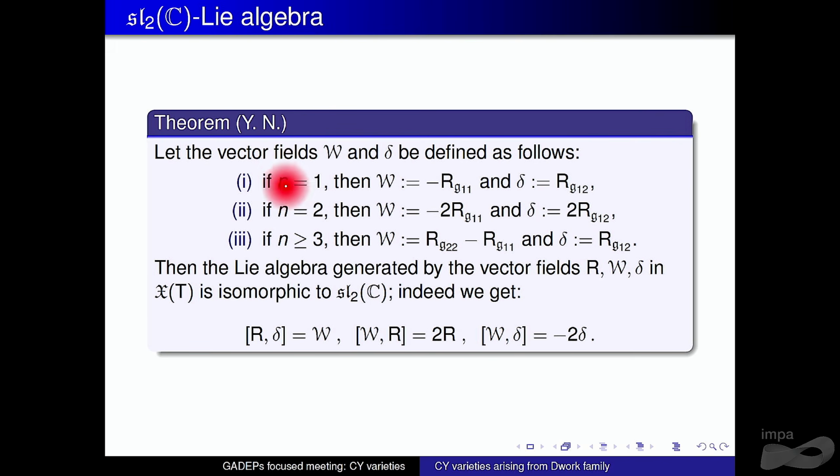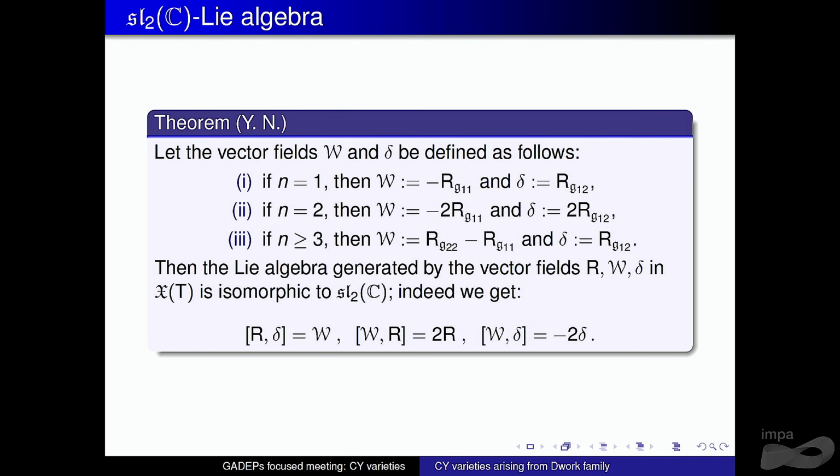This is in the case n equals 1, n equals 2, and this one is for n greater than or equal to 3. If we define W and delta in this way, they give a copy of SL2C. So R together with this W and delta is giving a copy of SL2C.